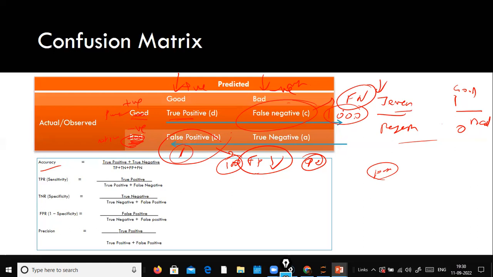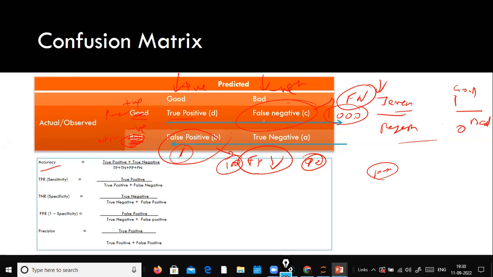In that case, you need to minimize the false negative. So you should know, based on the domain where you work, whether FP should be reduced or FN should be reduced. But there are cases where both FP and FN should be reduced. Ideally, if you reduce both, it will be good. That's how you need to interpret the confusion matrix.